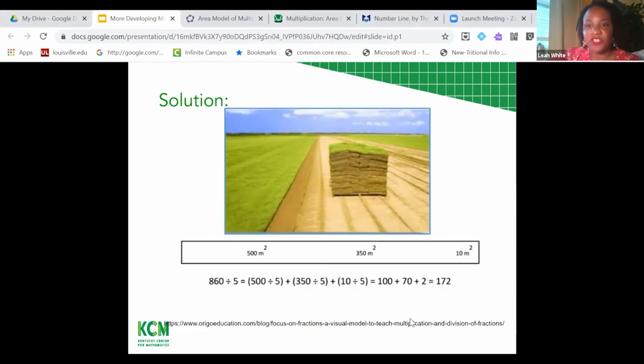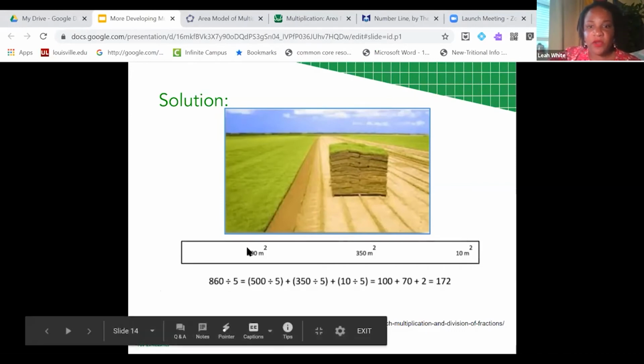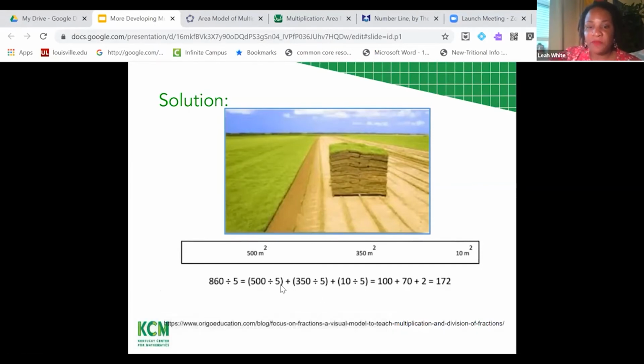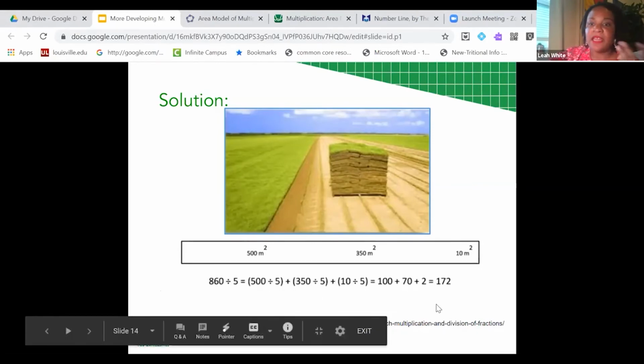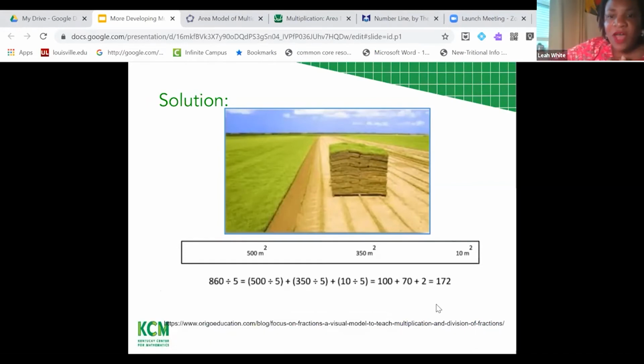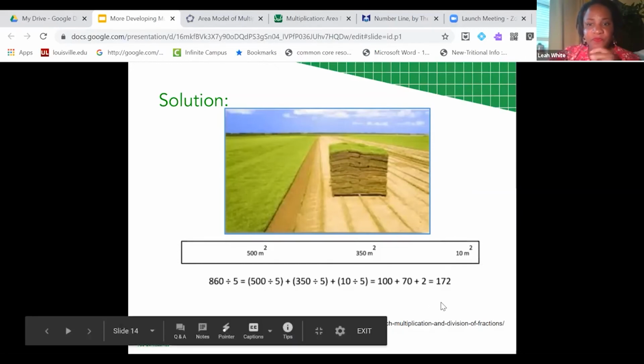Here is what was shared in the article, basically considering these square areas and what they would mean times 5, breaking up those pieces and then combining them in the end for the sum. I thought that was pretty neat to share. I like the visual with that, and I thought about thinking of those array and area models in a context problem. Those are good for kids too.